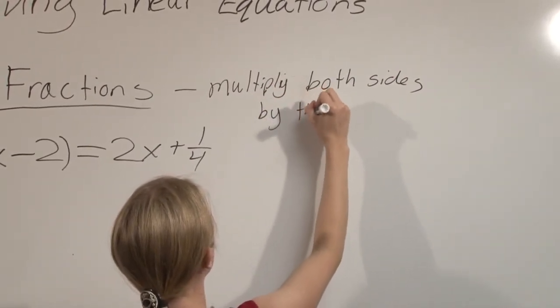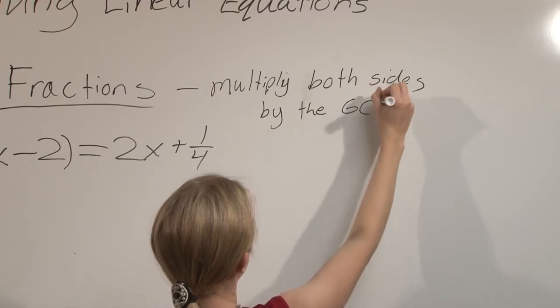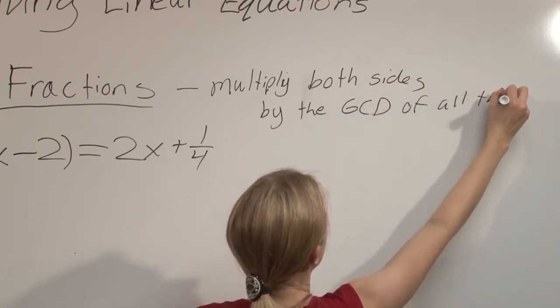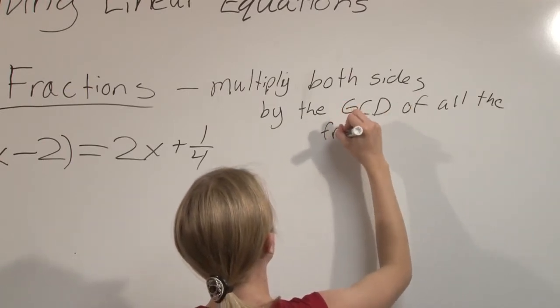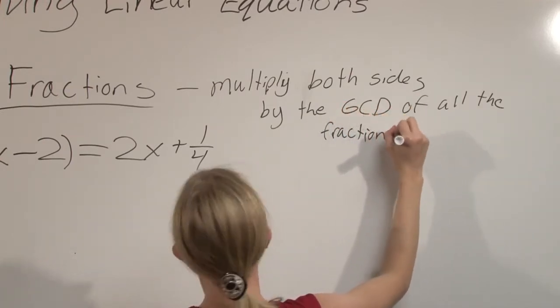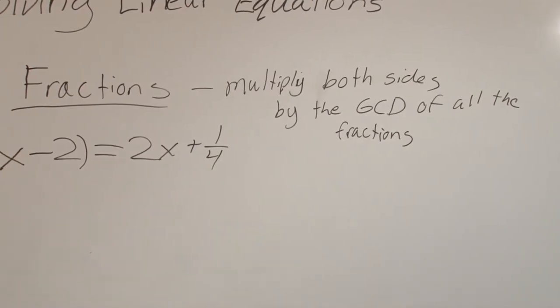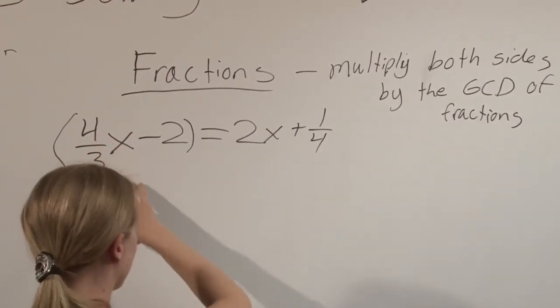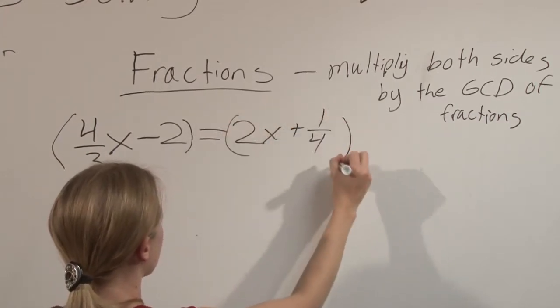by the GCD, the greatest common denominator of all the fractions. So in this case we have a 3 in the denominator here and a 4 in the denominator here.